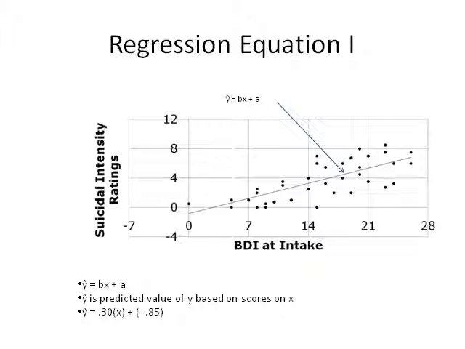It is computed by multiplying an individual score on x by the value of b and then adding a to that product. In this set of data, y hat equals 0.3 times x plus a negative 0.85. In this circumstance, that would be our bivariate regression equation.